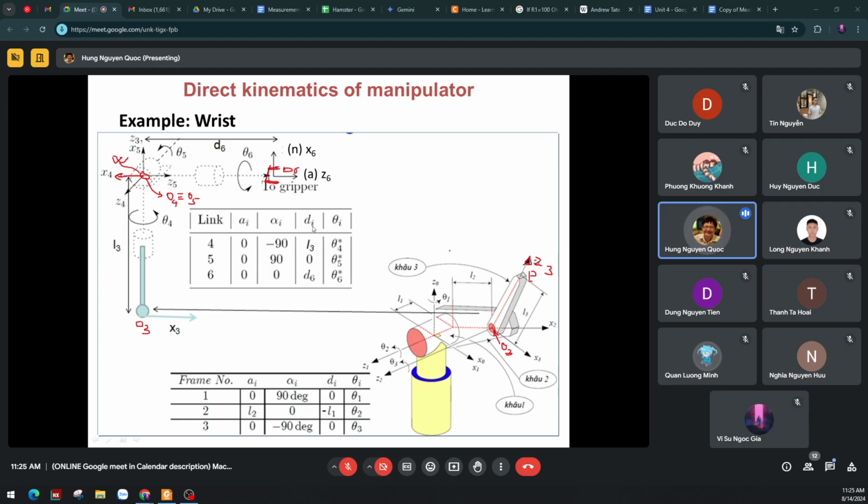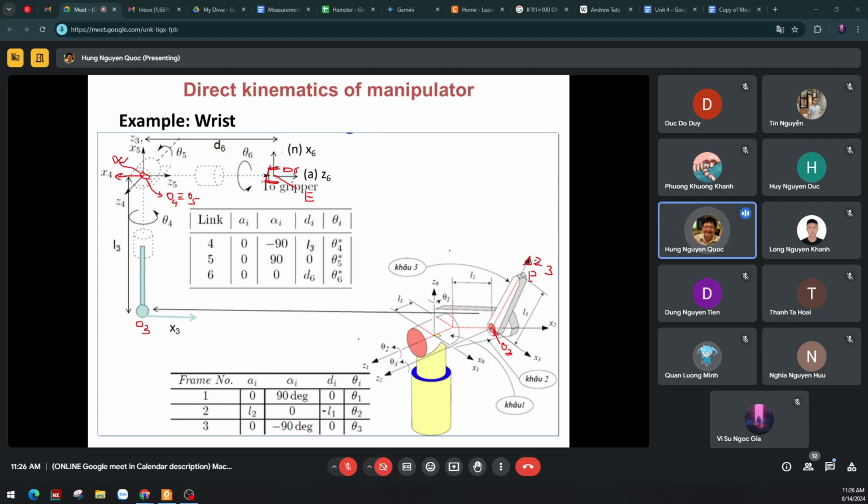D is the distance between O3 and O4, and on this one is L3, right? And D6 is the distance from here to the end point. This is also the end point. Remember, this is also the end point, as I mentioned.